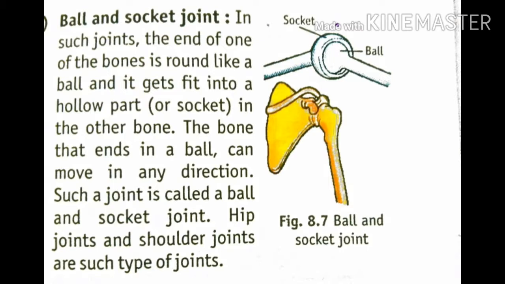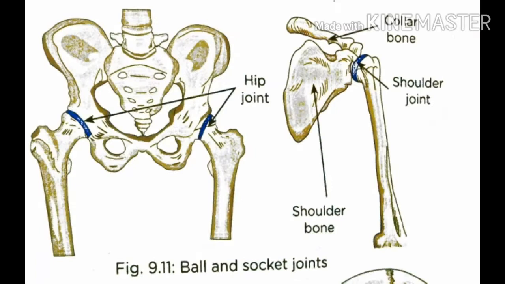In the ball and socket joint, one end of the bone looks like a ball. See this image, one end looks like a ball and another bone looks like a hollow, which is called a socket. So the ball-shaped bone fits into the hollow or socket of another bone.